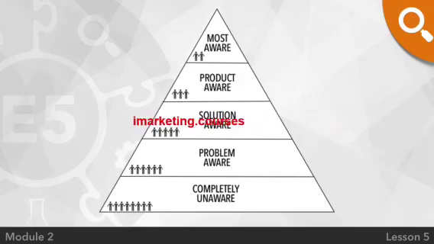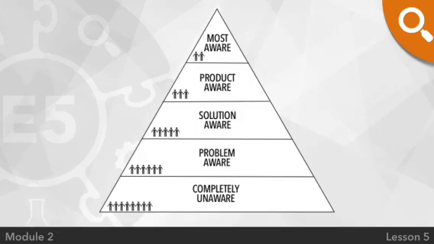So the question that I get all the time is, well, Todd, if designing a marketing funnel for completely unaware gives me the biggest universe of prospects, gives me the biggest opportunity for sales, right? The largest universe to tap into, why wouldn't I just always design my funnels for completely unaware?